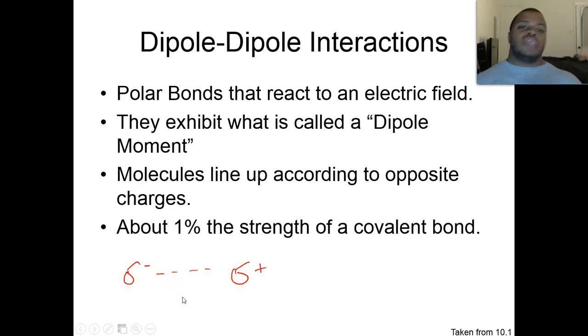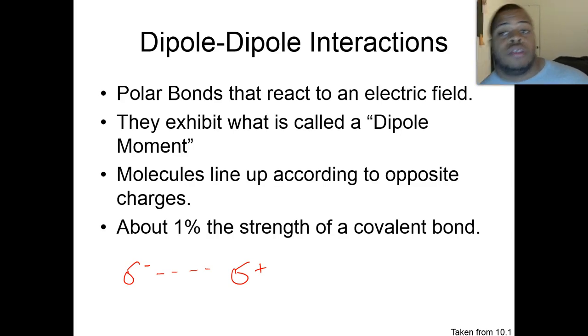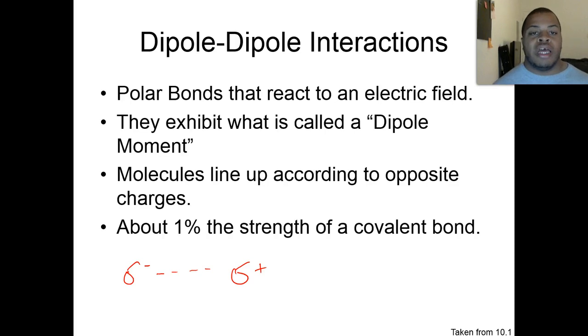We can find this by looking at how polar bonds react to electric fields, or how they interact overall. These types of compounds exhibit what we call a dipole moment. Usually it's tracked in the units of debye. Don't worry about those, we'll talk about that later though.